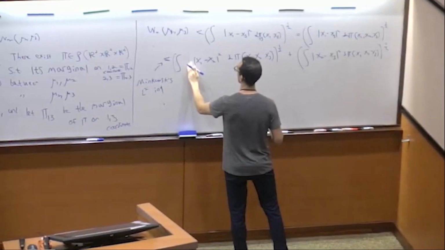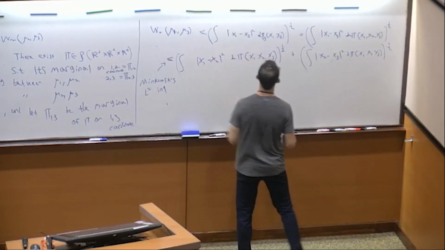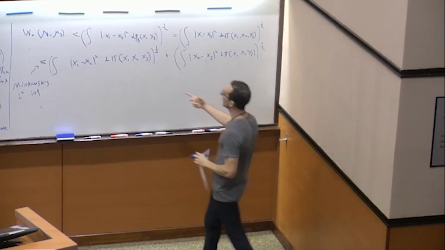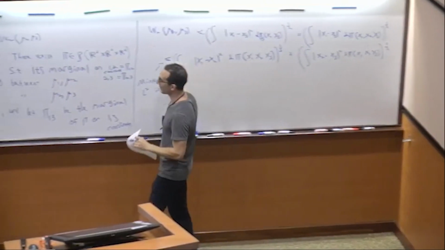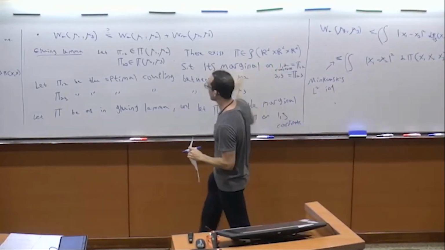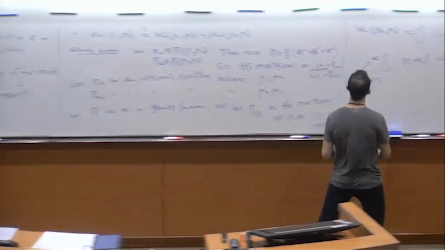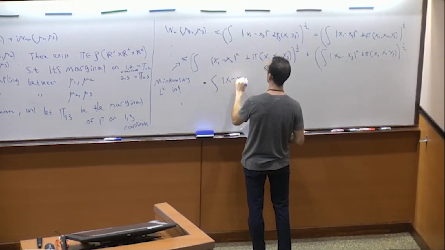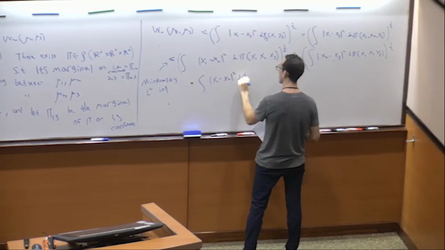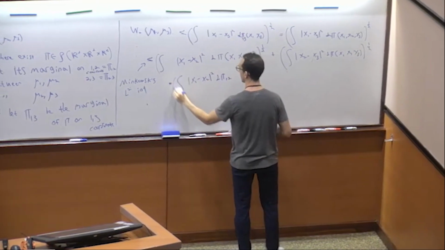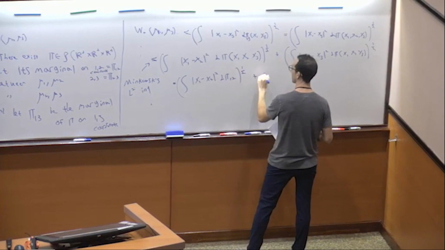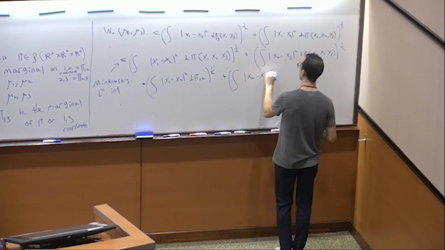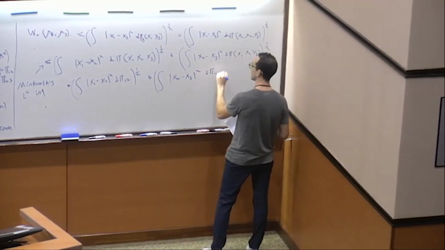But now we can again apply the fact that the first and second marginal of pi are pi 1, 2, and similarly for pi 2, 3. So we'll have x1 minus x2 squared d pi 1, 2, and here we'll have x2 minus x3 squared d pi 2, 3.